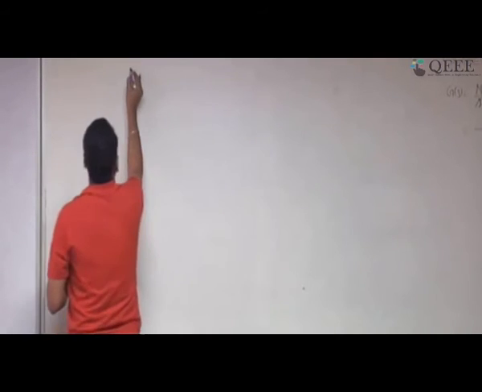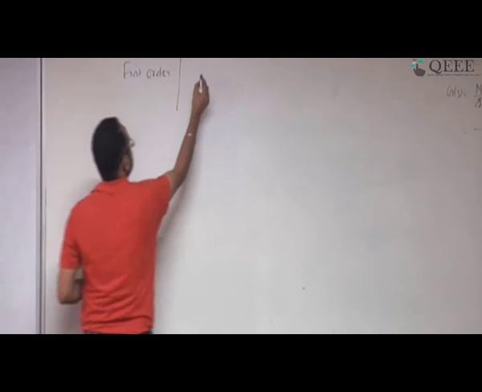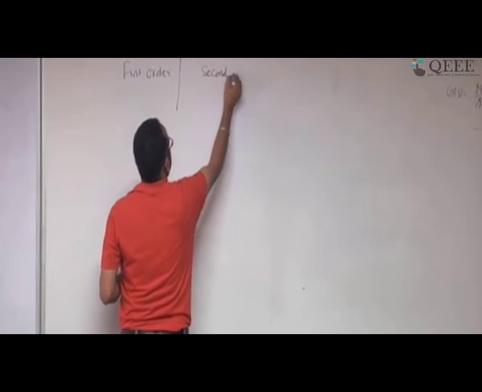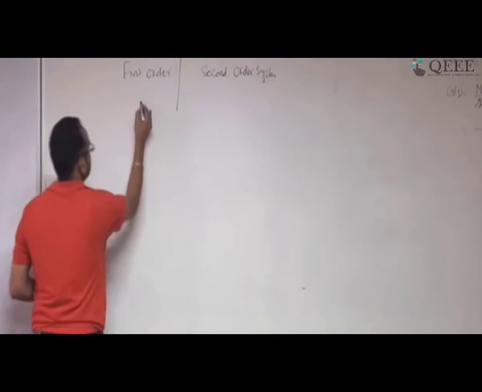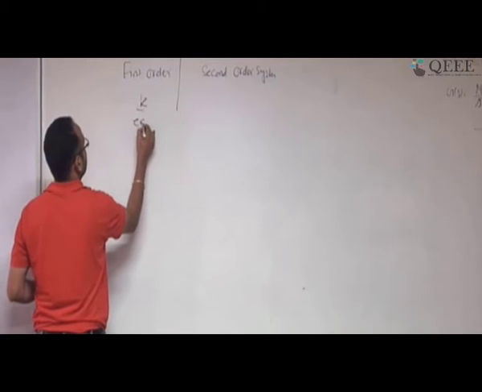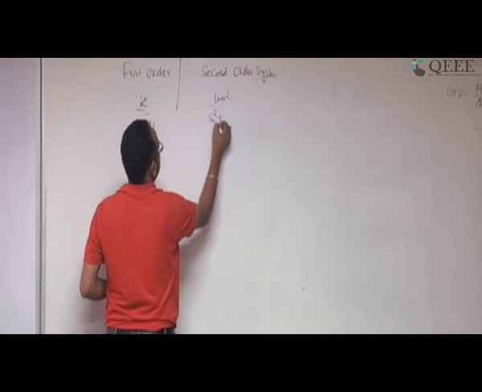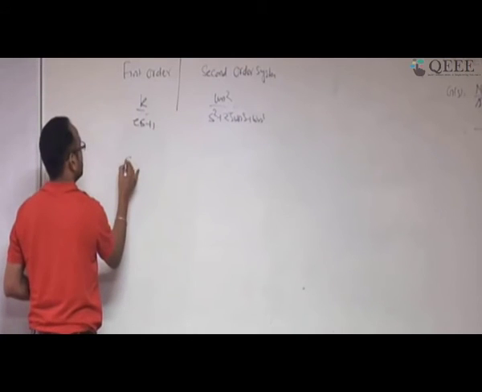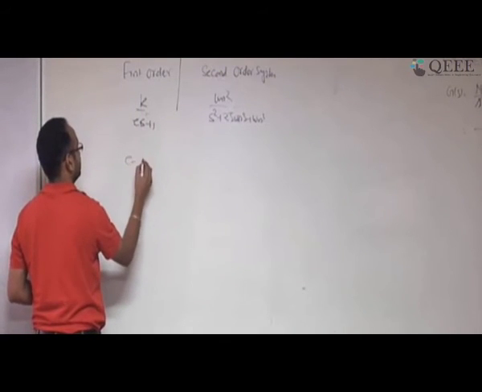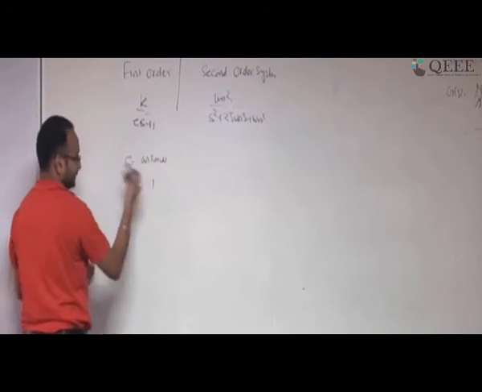Now I want to summarize a little bit what we discussed till now. First order system and second order system. The standard terms are k by tau s plus 1, and omega n square over s square plus 2 zeta omega n s plus omega n square. Here tau should be as small as possible, and k should be closer to unity. That is desirable.